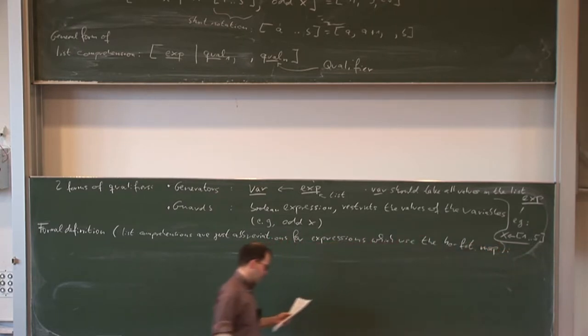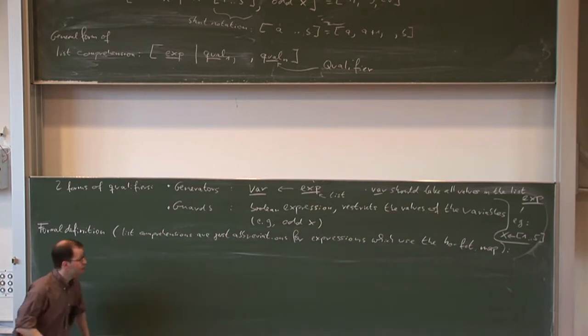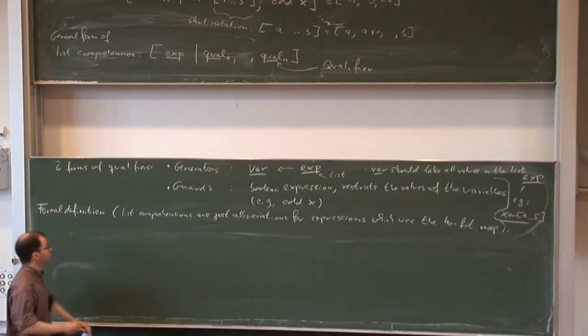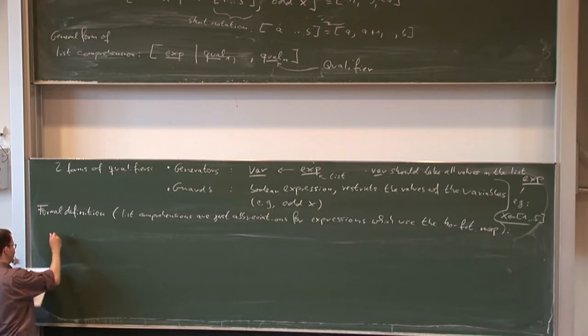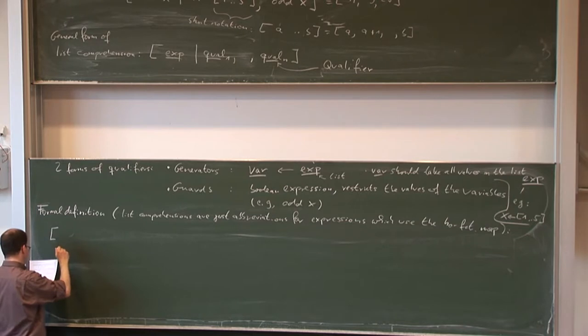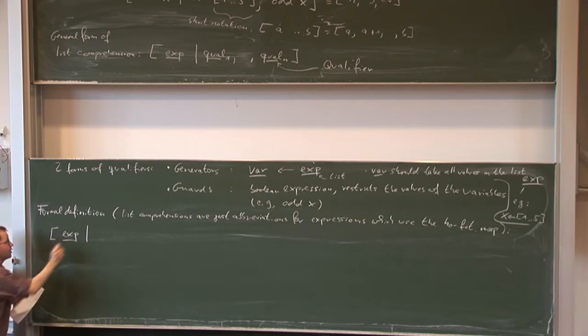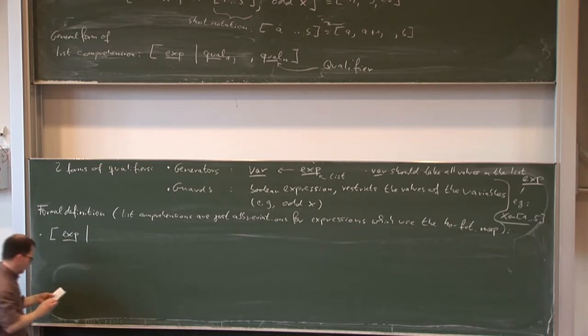And, well, what is the actual definition? The formal definition has two parts, depending on whether the first qualifier is a generator or a guard. If it's a generator, then it looks like this.